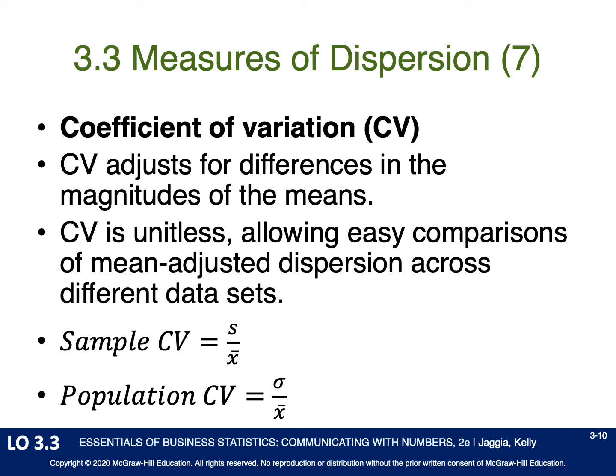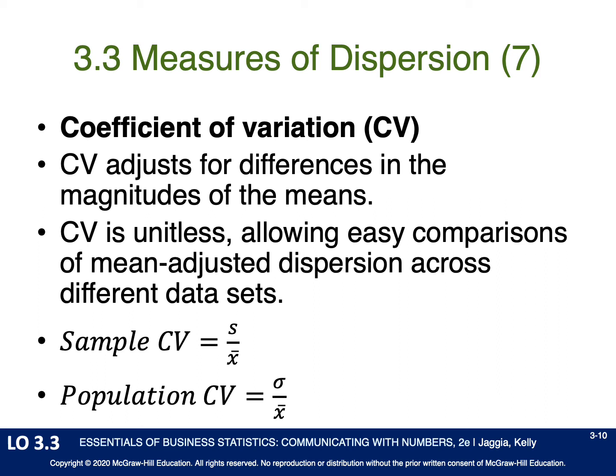If the means are close together, then it doesn't matter so much. But if we have a mean of 2.4 and a mean of 200, then we really can't compare those. Taking the coefficient of variation allows us to compare 2 different samples or even 2 different populations.